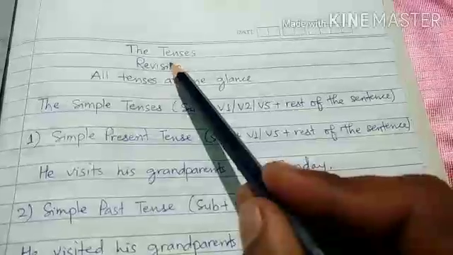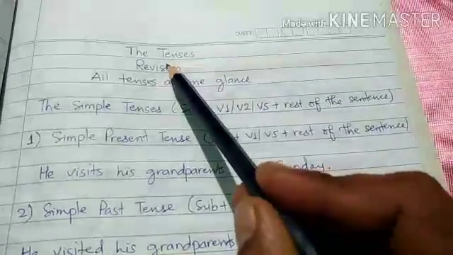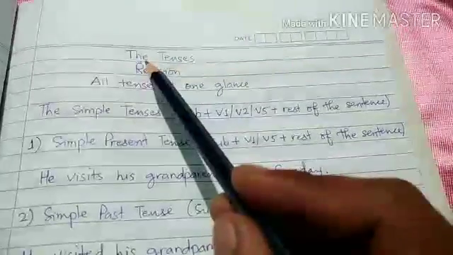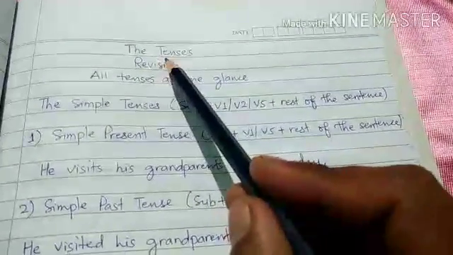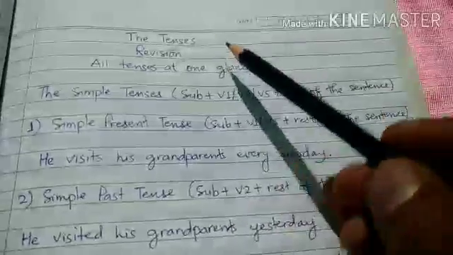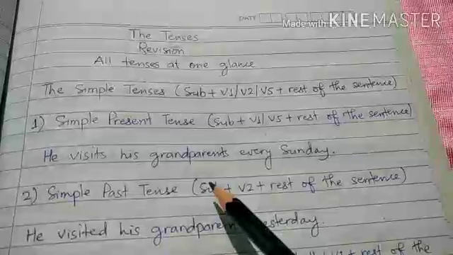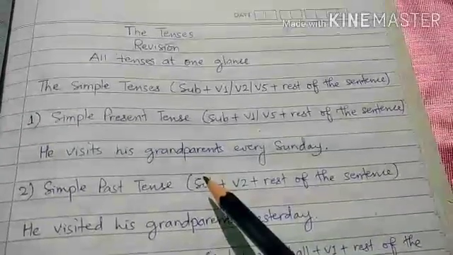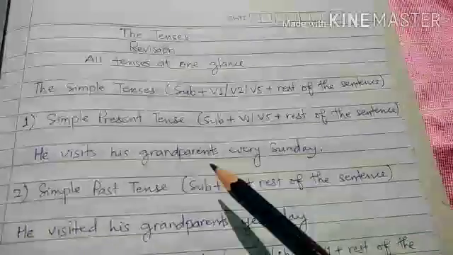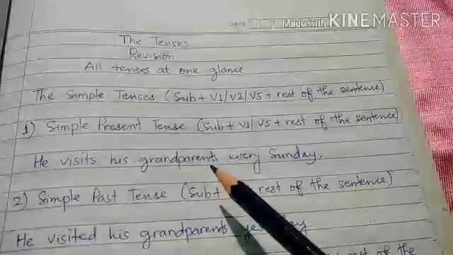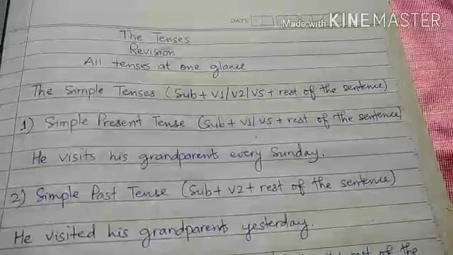We have already completed 3 chapters on the tenses from our English grammar: the simple tenses, the continuous tenses and the perfect tenses. In this video we will see all these tenses at once, like a short revision class. Okay students, so we will move ahead with the simple tenses.